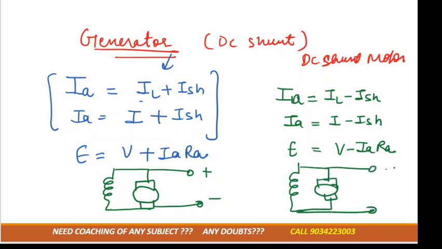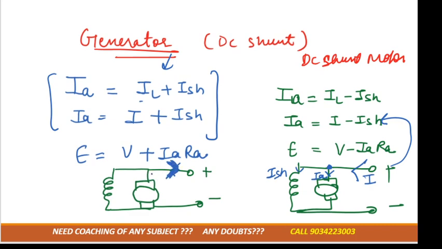The motor takes current inside, so the current is moving inside, that is I. In the armature also the current moves inside, that is IA, and in the shunt also it is ISH. So if you apply Kirchhoff's current law, you will get I is equal to IA minus ISH.